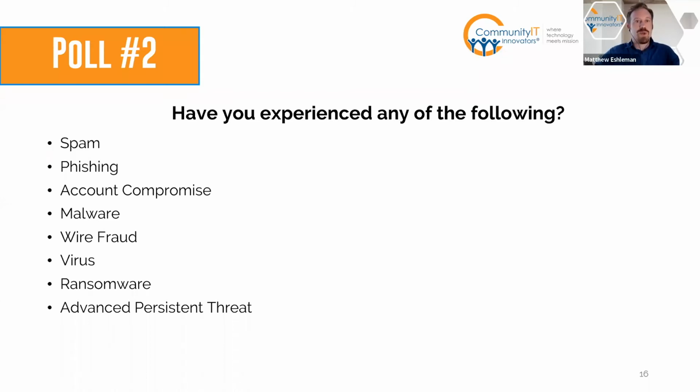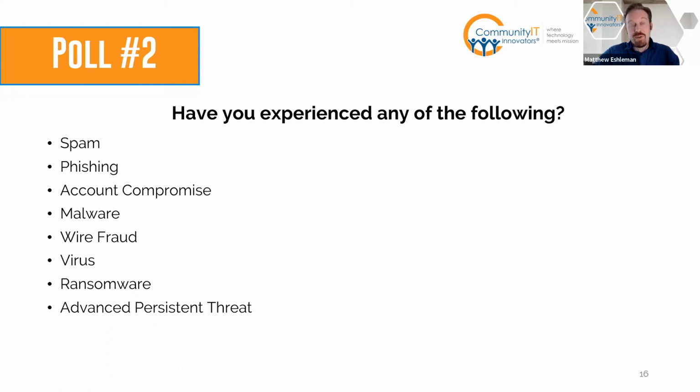This is multiple choice, and it would not be unexpected if your organization has been victimized by some or all of these different attacks. So thanks for that response, and we'll share the results so you can see everybody's experience. Again, not uncommon or unexpected. I would have expected 100% of organizations to say that they've seen spam or spear phishing attacks.